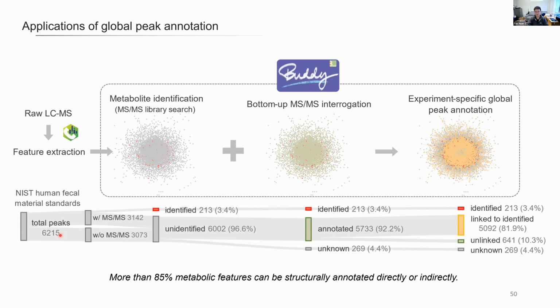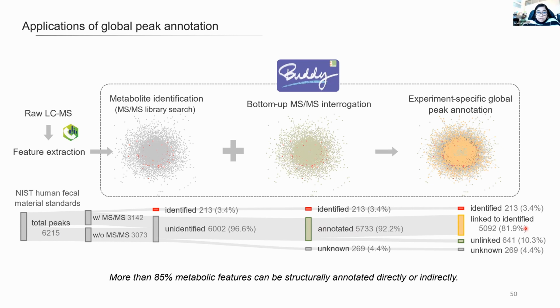And even doing that, we find the majority of them can be chemically annotated. But of course, chemically annotated does not necessarily mean that it's metabolized from the biological system. It could come from your sample preparation or other things. But at least the BUDDY approach allows us to do this annotation and get more chemicals annotated.